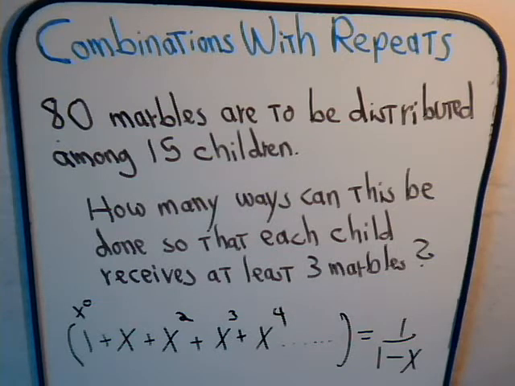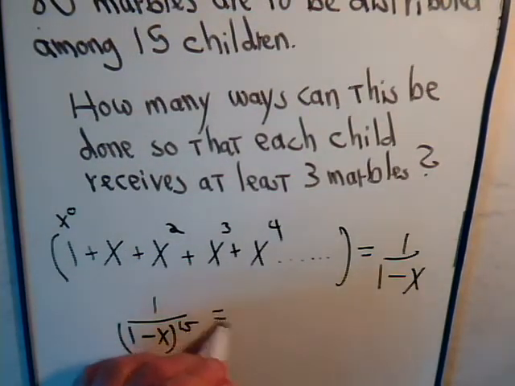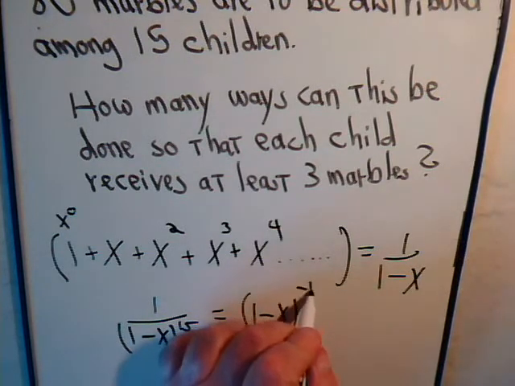Then, to consider all 15 children, we multiply all 15 generating functions together, so that would be 1 to the 15th, which is 1, divided by (1 minus x) to the 15th, which equals (1 minus x) to the minus 15.